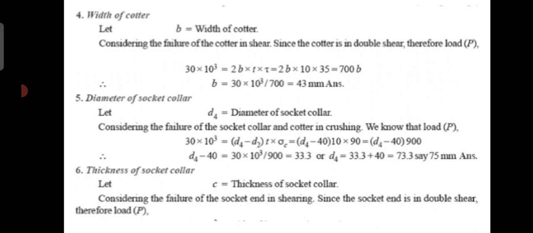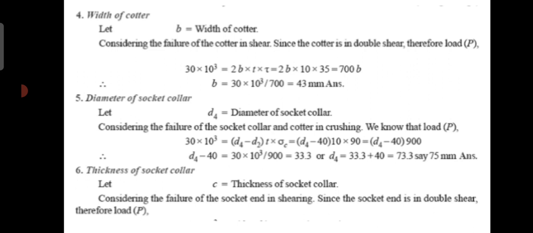Substituting all values, capital P equal to 30 into 10 to the power 3, d2 equal to 40, sigma c equal to 90. After simplifying, d4 equal to 73.33. So finally we may say 75 millimeter.